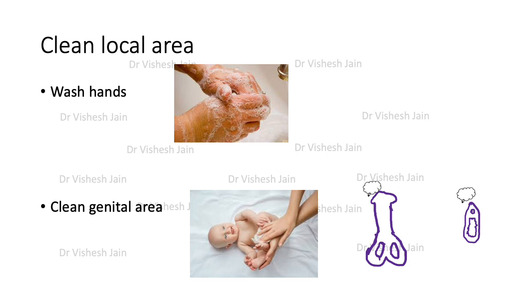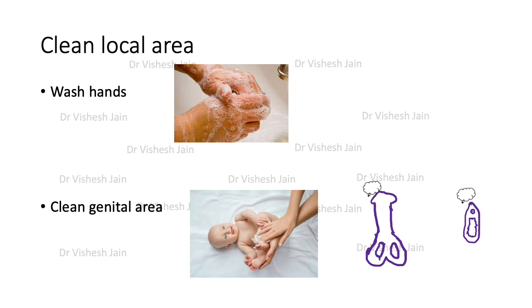For the cleaning, cotton wool dipped in clean water is used. Occasionally, soap can also be used. In males, the area at the tip of the penis where the meatus or opening is located is cleaned several times.